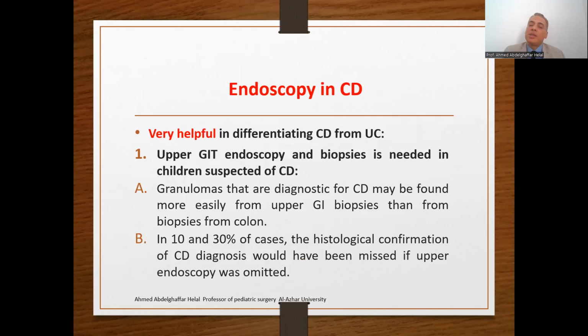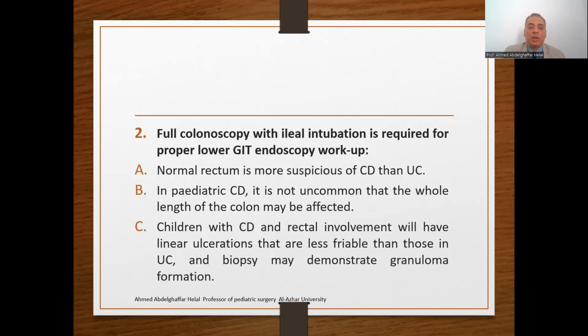In Crohn's disease, endoscopy is very helpful to differentiate ulcerative colitis from Crohn's disease. Granulomas are more common in the upper gastrointestinal endoscopy, so it's very important to take biopsy from the upper GI endoscopy. Full colonoscopy with ileal intubation, passing into the terminal ileum, is required for proper lower gastrointestinal endoscopy.